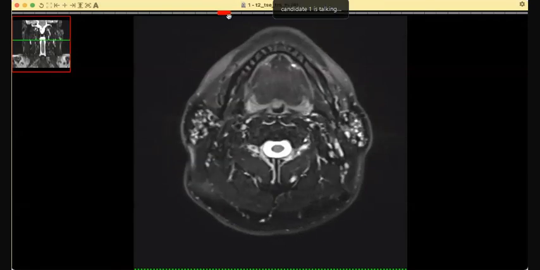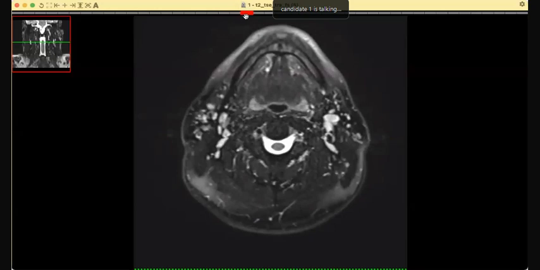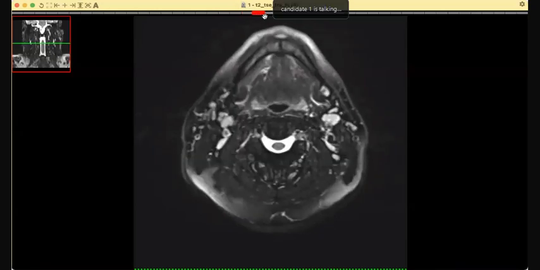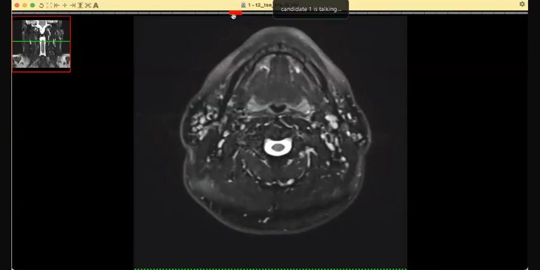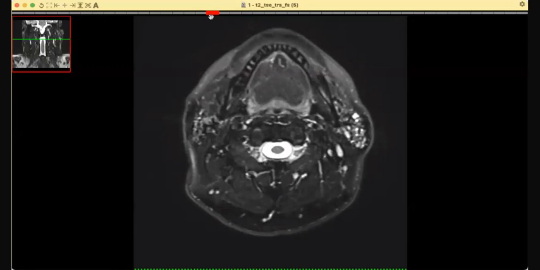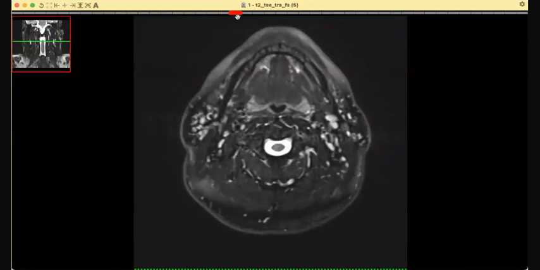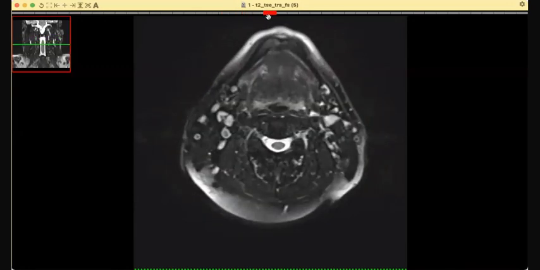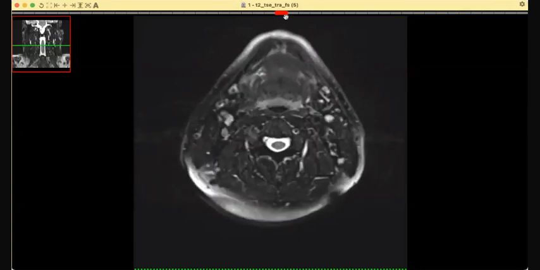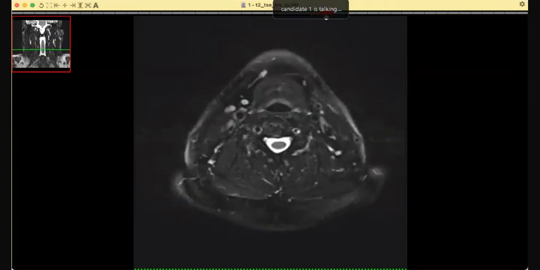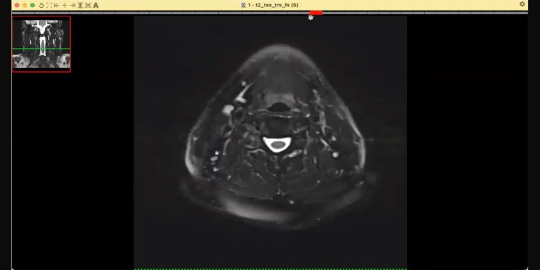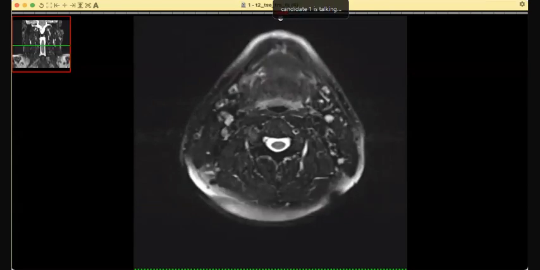I cannot see any extraglandular invasion of the surrounding soft tissues or subcutaneous tissue. I'm just reviewing to see if there are any enlarged lymph nodes.